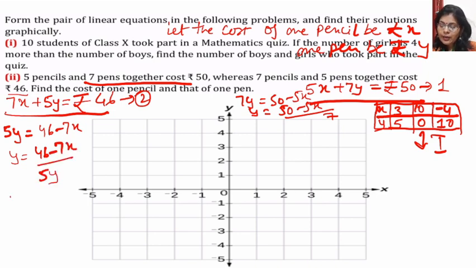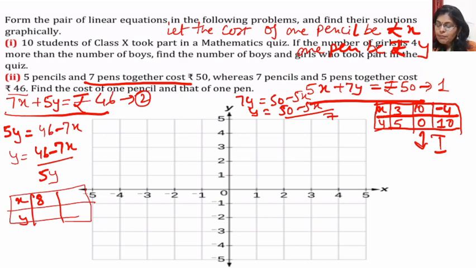And then again we will make the table, which is an essential part of the question. x, y. Now, putting the value of x equal to 8, 7 times 8 is 56. 46 minus 56 is minus 10. Minus 10 upon 5 is minus 2.